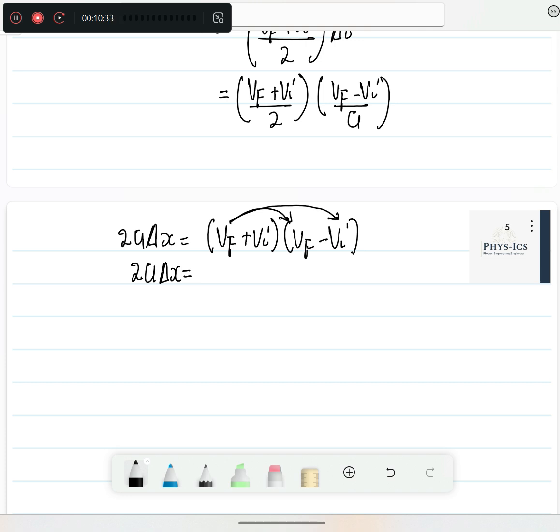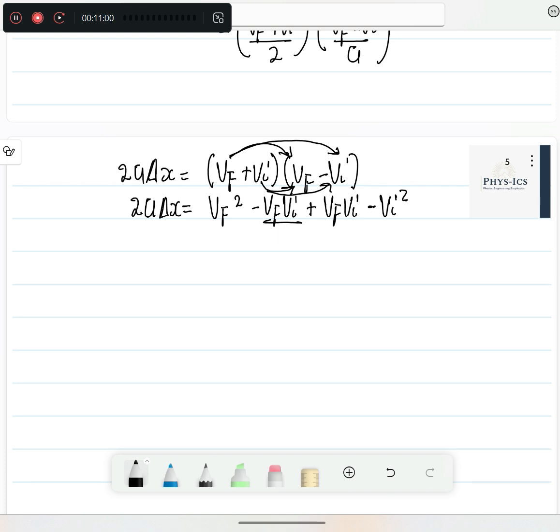The right hand side is given by Vf squared, and it's negative because it's Vf Vi, so it's minus Vf Vi plus Vf Vi, and then that one gives us minus Vi squared.